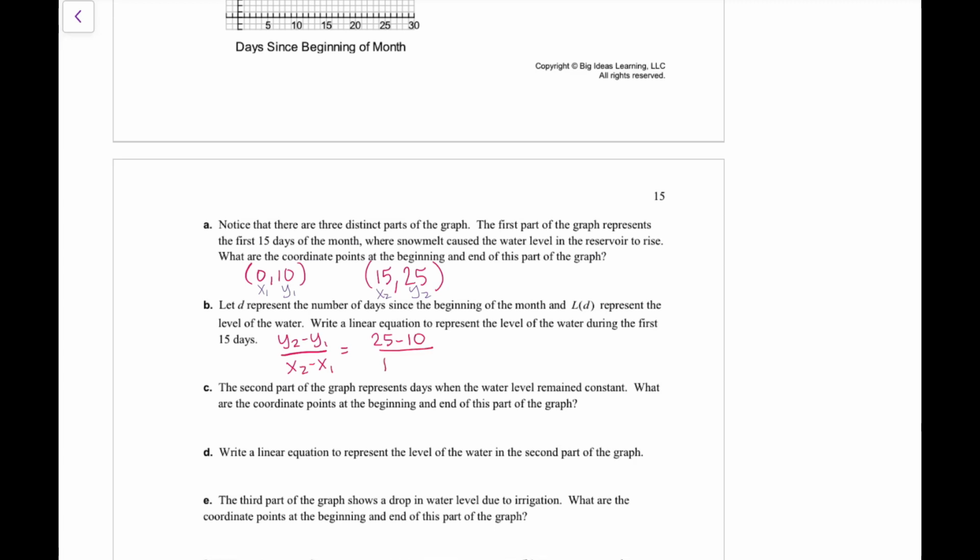On the bottom, we have 15, our x2, minus 0, our x1. So 25 minus 10 is 15, and 15 minus 0 is also 15. And 15 divided by 15 is 1. So our slope is 1.